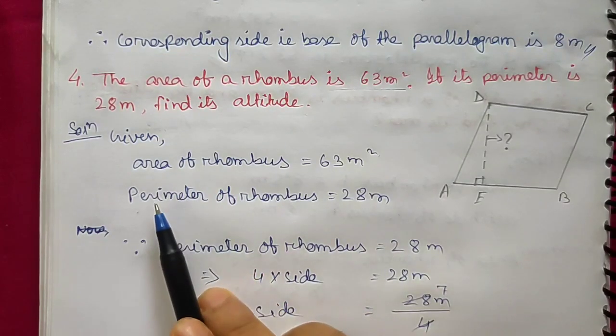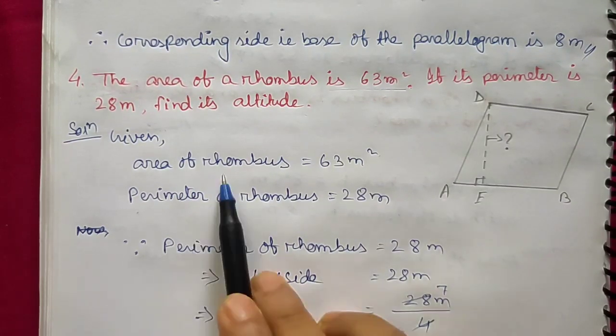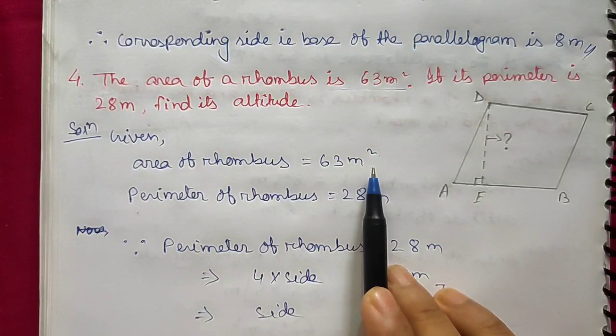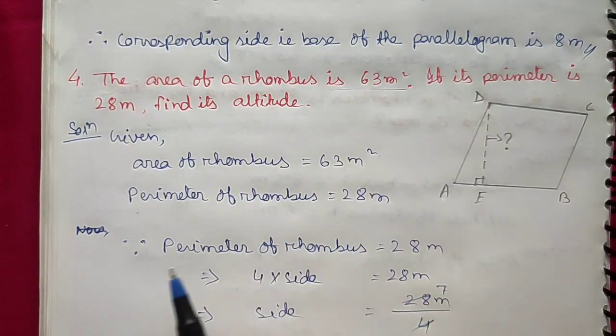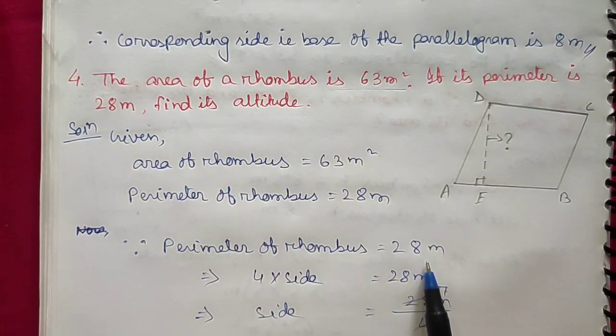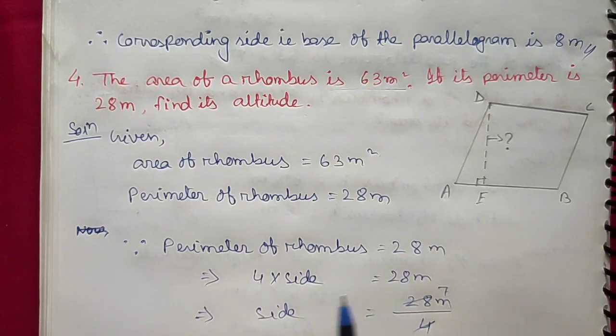First of all, we have to write the information given in the question. Area of rhombus equals 63 meter square, perimeter of rhombus equals 28 meter. We know perimeter of rhombus equals 4 into side equals 28. As we multiply 4 with the side, if we change the side, it will be divide.